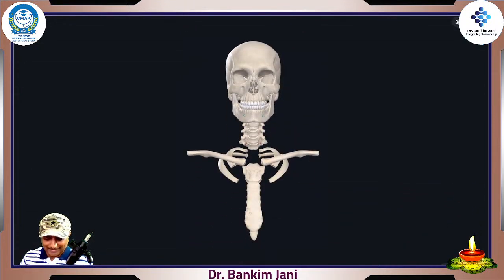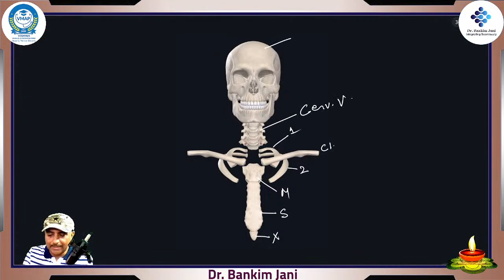So that's rib 1, that's rib 2. Here is the beauty bone, clavicle. This one is manubrium. This is the body of the sternum. This is the xiphoid process. These are cervical vertebrae, and that's the cranium. These are the facial bones, and this one is the mandible.